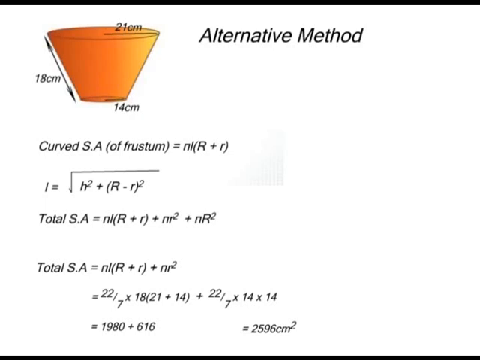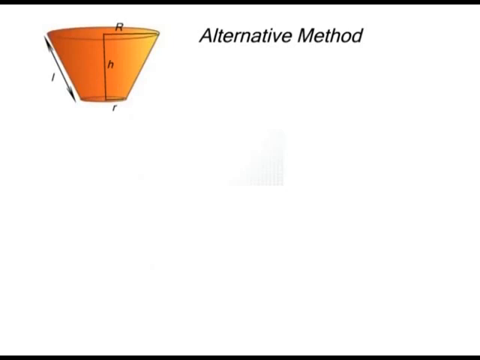Now, there is another method for calculating the surface area of a frustum, but it may not be very common in textbooks. Consider a frustum with base radius R, top radius r, height h, and slant height L. The surface area of the curved surface is given by pi L (R + r).